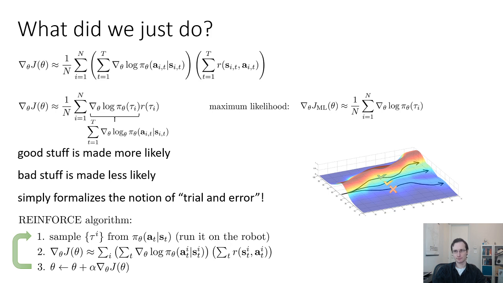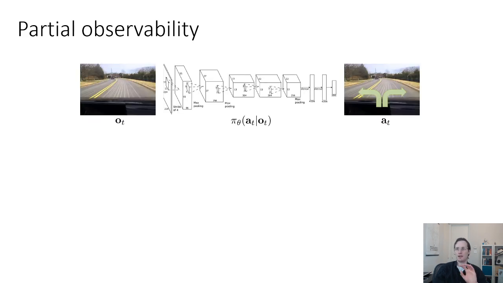Okay, let me briefly remark on how policy gradient handles partial observability. I mentioned in the beginning of the lecture in part 1 that we would set aside partial observability for now. Policy gradient is one of the few reinforcement learning algorithms that doesn't care whether you have partial observability or full observability.